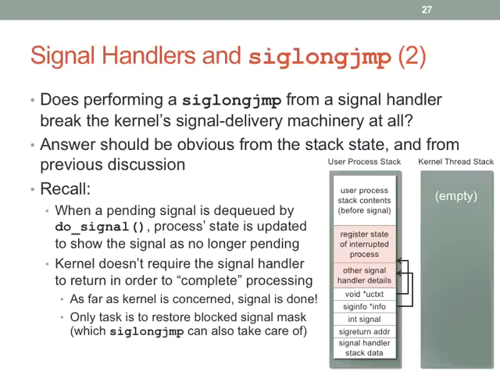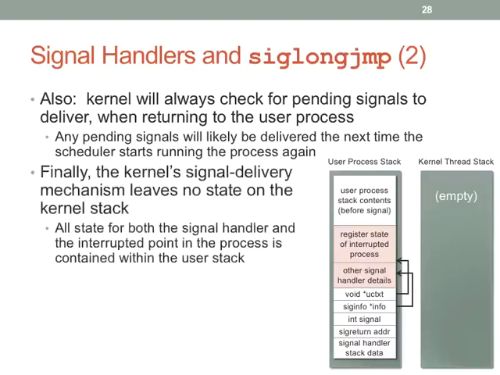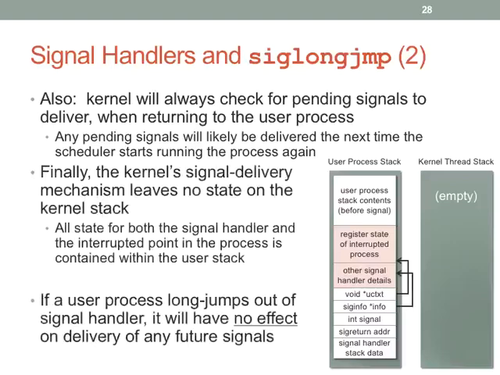So siglongjmp can take care of these things for us. There's no state on the kernel stack, so we don't need to worry about destroying kernel stack information or anything like that. We're okay. So basically, if I longjmp, or siglongjmp really is what I would like to do, out of a signal handler, it doesn't have any effect on the signal delivery mechanism at all.